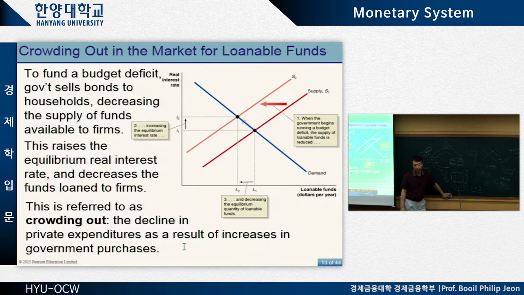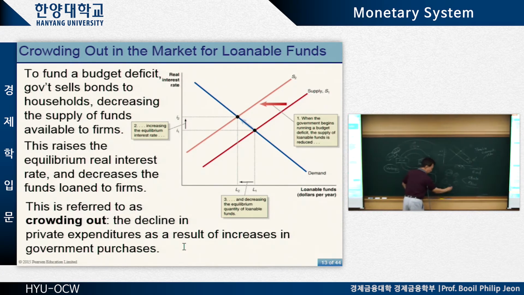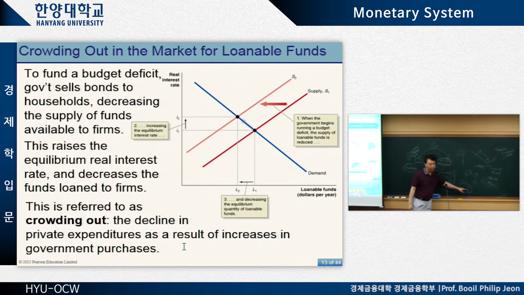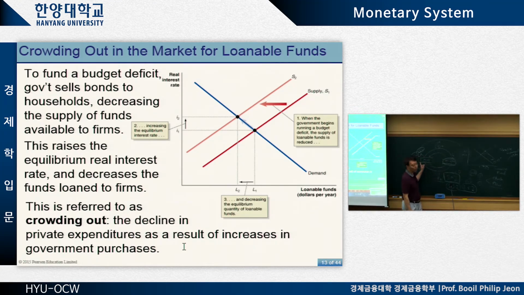In which direction? Probably in this direction. Somehow, the government has to make the injection larger than leakage. If the injection is larger than leakage, then the economy will expand.